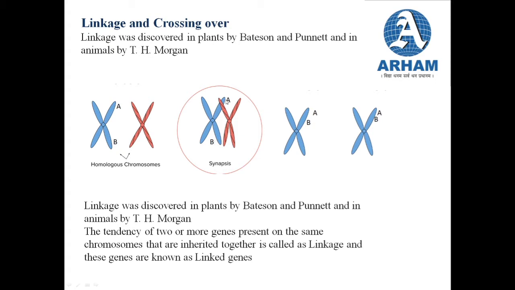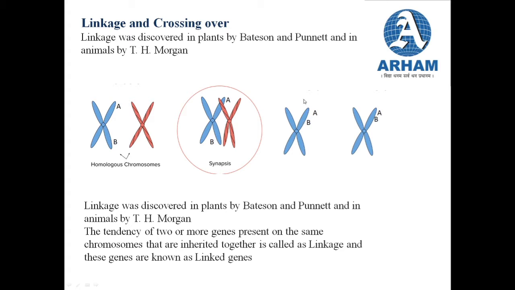So we can say that the closer the genes are placed, the chances of them getting separated get less. Now let us see the next situation. Suppose gene A is located here and gene B is located here.